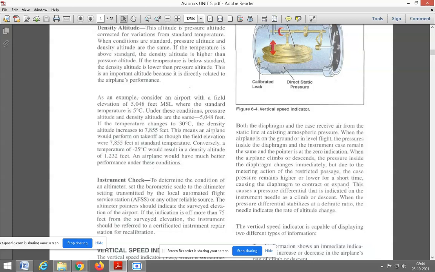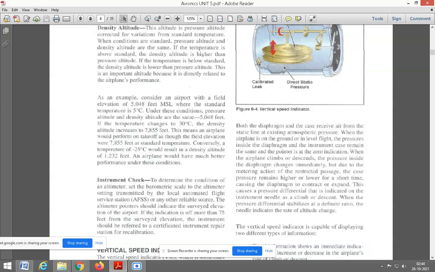So due to the changes of pressure value in both the diaphragm and the outer case, what will happen? The diaphragm will either contract or expand. This causes a pressure differential that is indicated on the instrument needle.